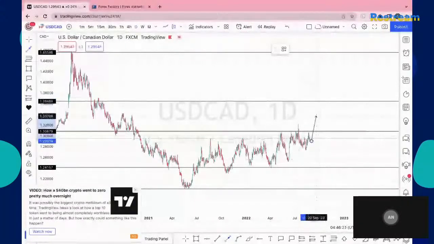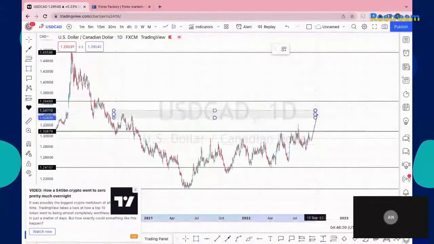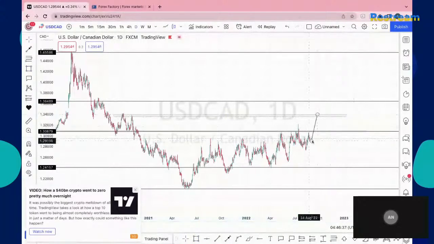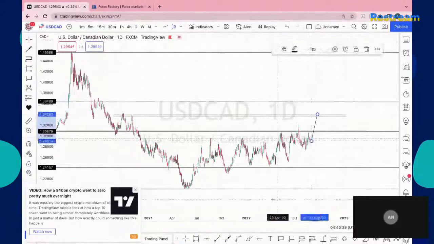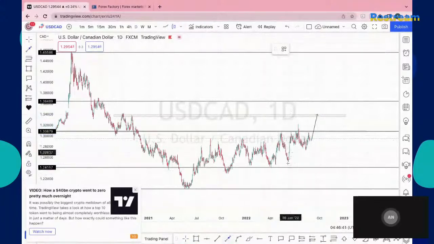So up to possibly here, and you will consider that an impulse move, right? You would consider it an impulse move because there's this previous impulse move here.